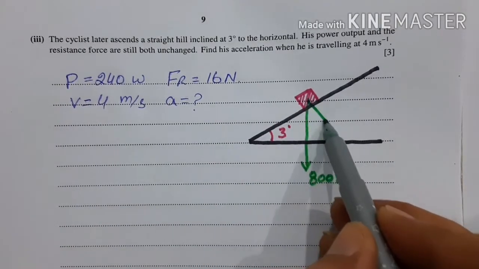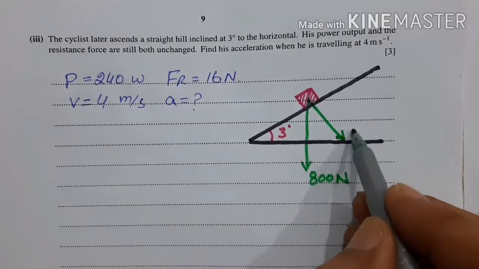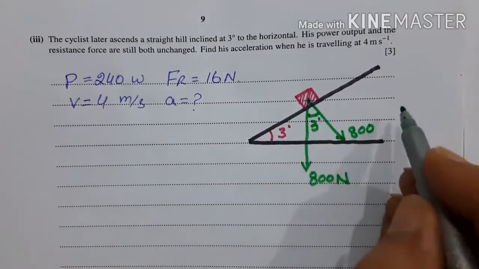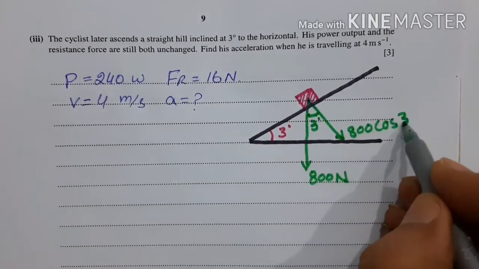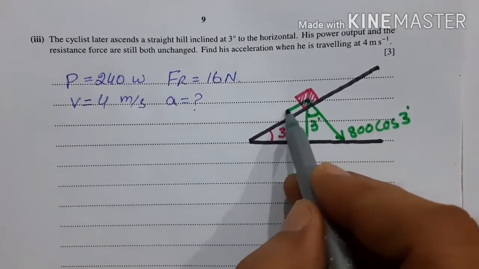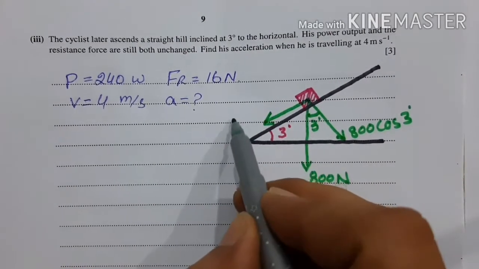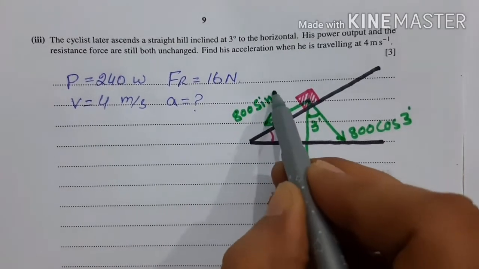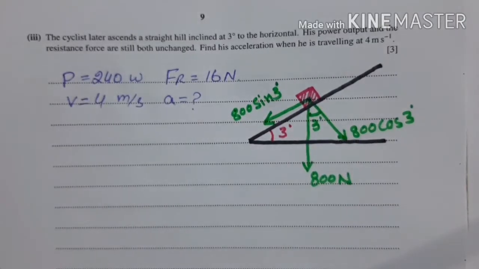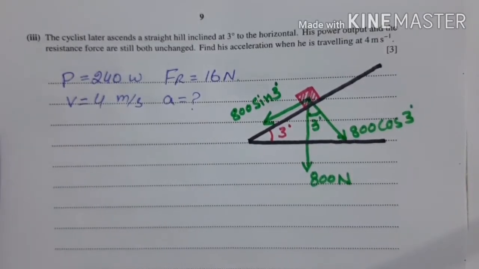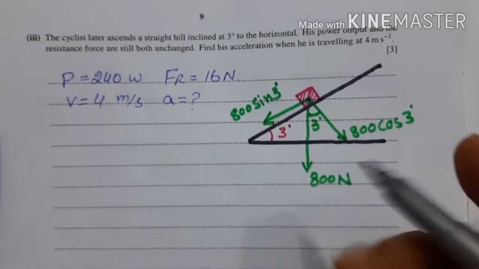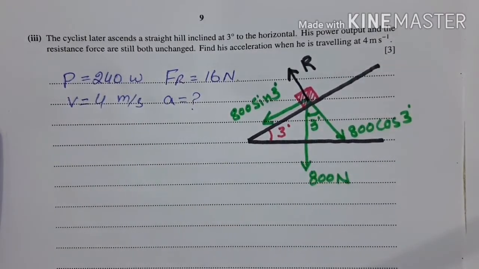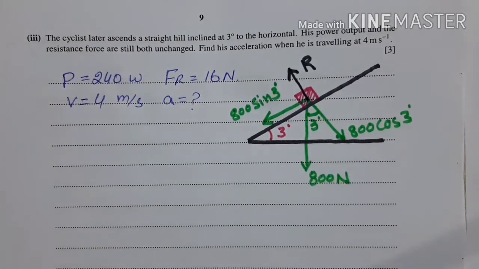This will be the horizontal component of weight, 800 cos 3 degrees, and this is the vertical component of the weight acting downwards, which is 800 sin 3 degrees, and this is the normal reaction in the upward direction.